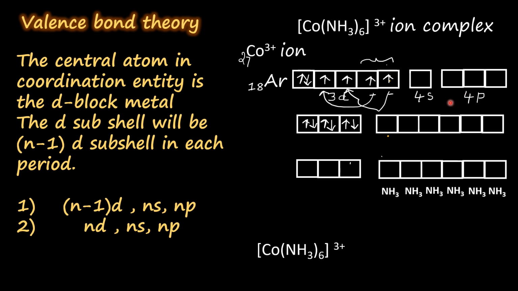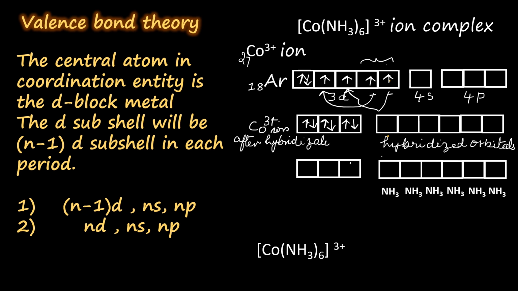So altogether there are 2 plus 1 plus 3 equal to 6 orbitals free now for accommodating the ligands. In this complex there are 6 ammonia molecules which are neutral as ligands. So in this method 6 hybrid orbitals are formed.